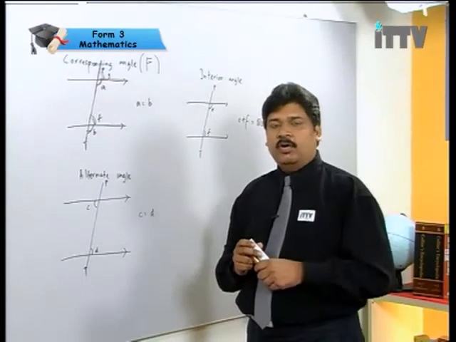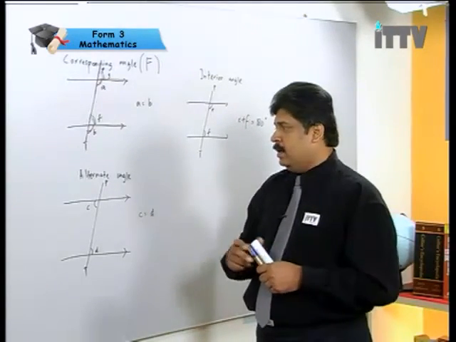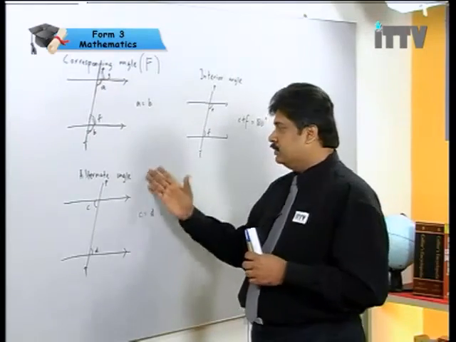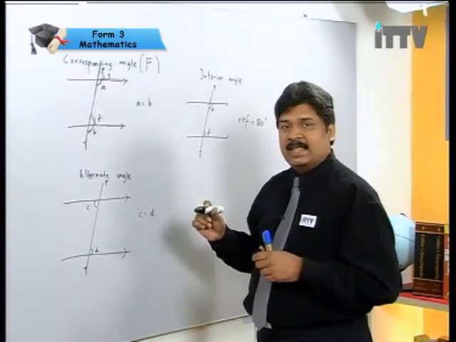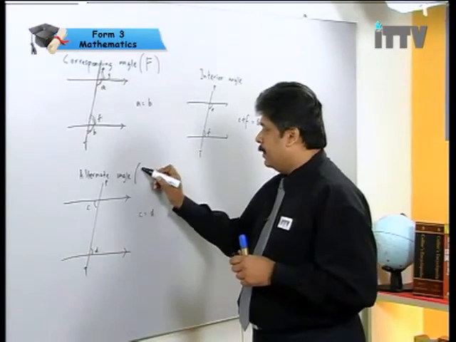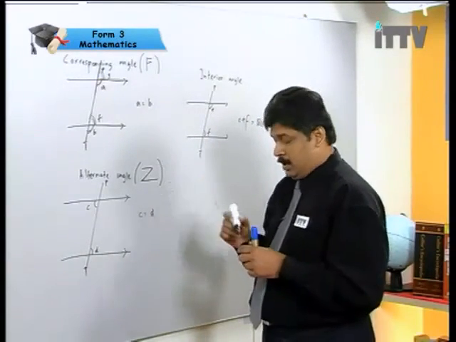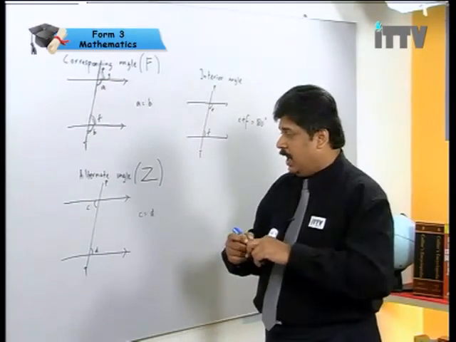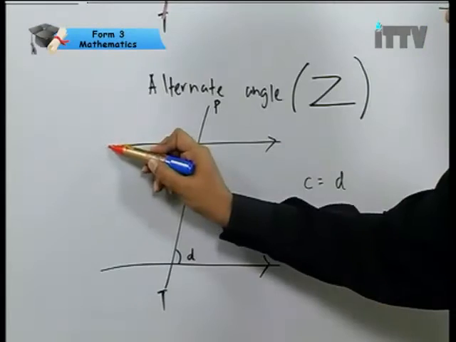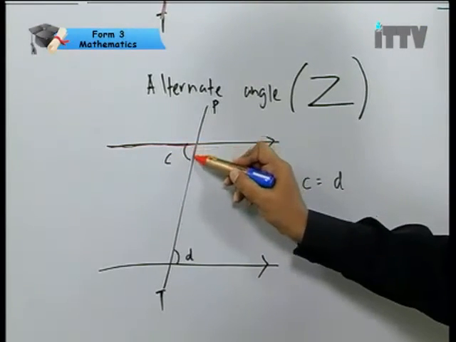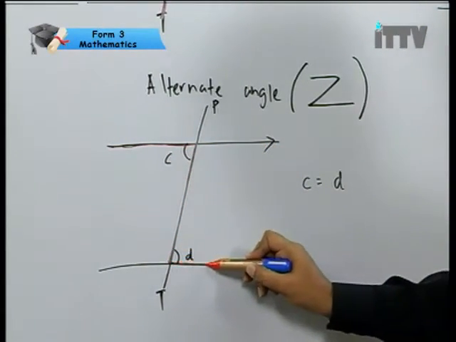What about the issue of alternate angles? For alternate angles, I also have an alphabet. The alphabet that I'm going to use here is the letter Z. When you talk about the letter Z, how do I know whether C and D is an alternate angle? If you look into the picture, we have this line here.